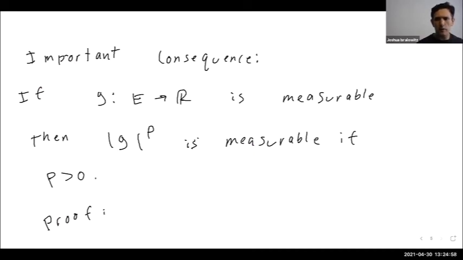And the proof is pretty straightforward. Give me one second. Check something quick. Okay, so the proof of this is just simply set f of x to be this concrete function, absolute value of x to the p.